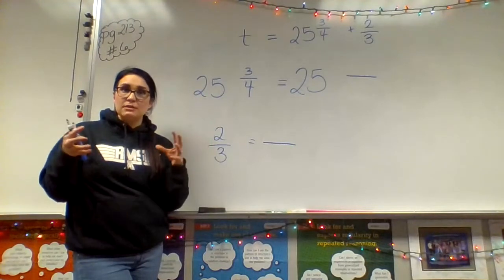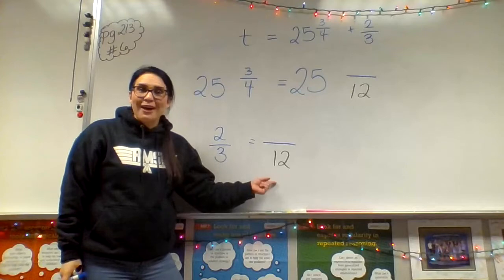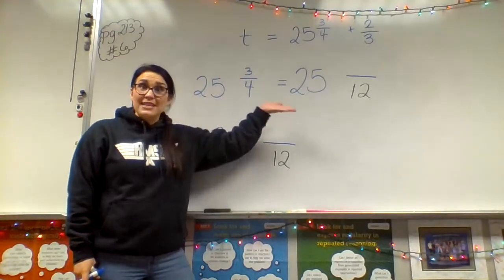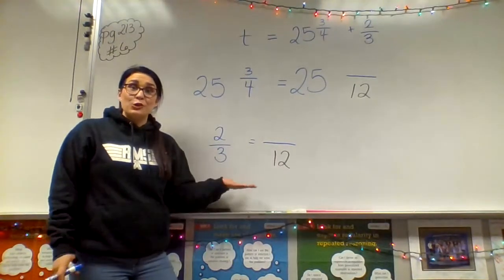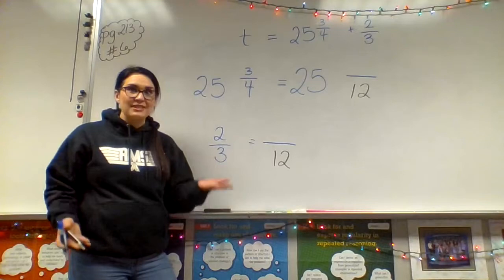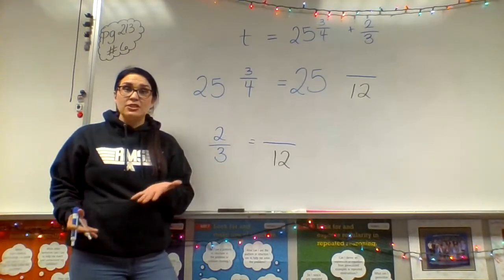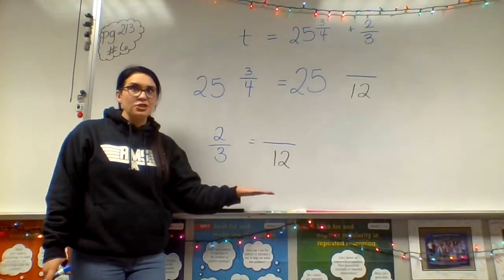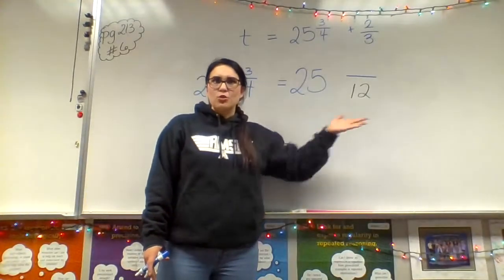What's the smallest number that these both have in common? It's 12, right? I know that I can do 3 times 4 to get 12 or 4 times 3 to get 12, right? So now what we're going to do is we're going to create equivalent fractions so that they have the same denominator, right? So what I mean by that is I want to know 2/3 is actually how many twelfths, and likewise, 3/4, well, how many twelfths is that?